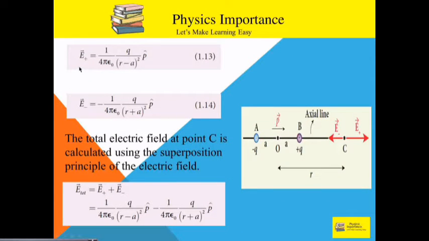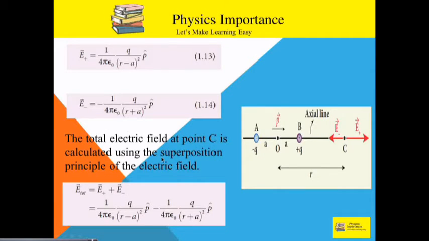Now we are going to find the total electric field. This is the electric field due to plus q, that is q by 4 pi epsilon naught r minus a the whole square. Then the electric field due to minus q is minus q by 4 pi epsilon naught r plus a the whole square into P cap, which denotes the direction. Now we have to find the total electric field. Total electric field means we have to add both electric fields.